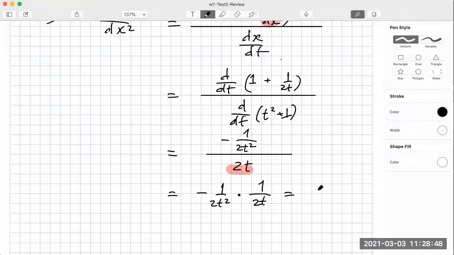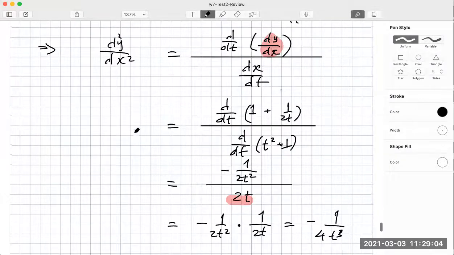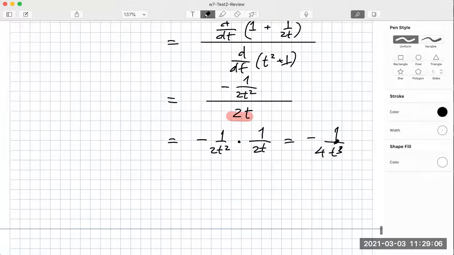Therefore, we have negative 1 over 4t cubed. Okay. Then this is the second derivative, right?